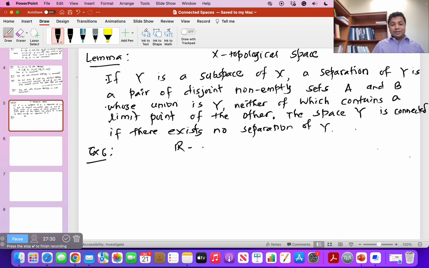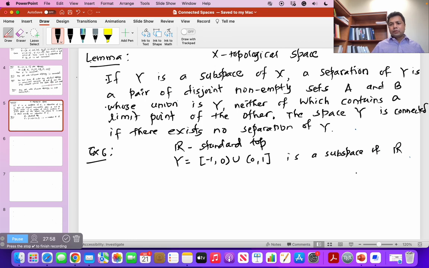Let's say R is the set of real numbers under the standard topology, and let Y be the union of these two half-open intervals in R, which is a subspace of R. On the real line with center 0, our Y is this set union this set. So in our subspace, we don't have 0.